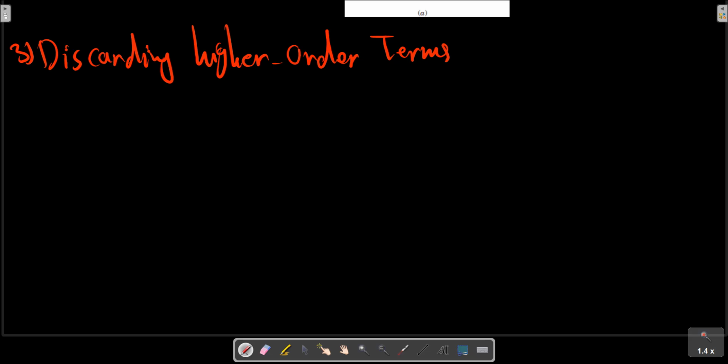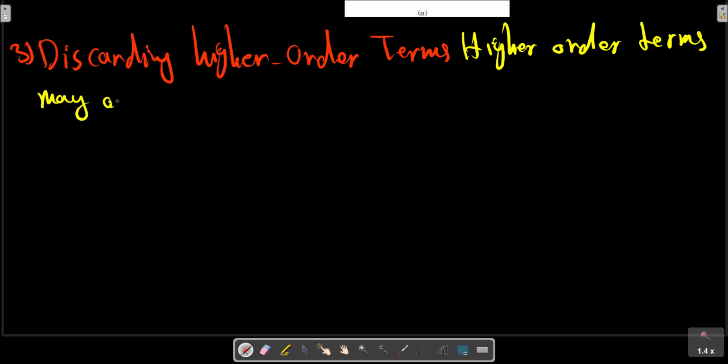Higher order terms may always be dropped compared with the lower order terms.